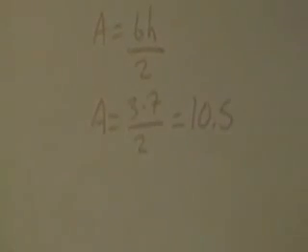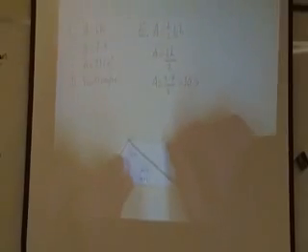Part F, how does the area of each of the triangles compare to the area of the parallelogram? Now this is interesting because not only if I take the 2 triangles and put them together, I'm back to the old parallelogram.